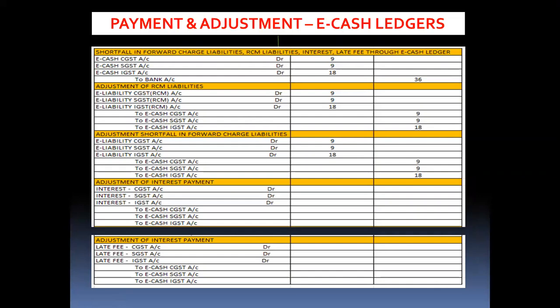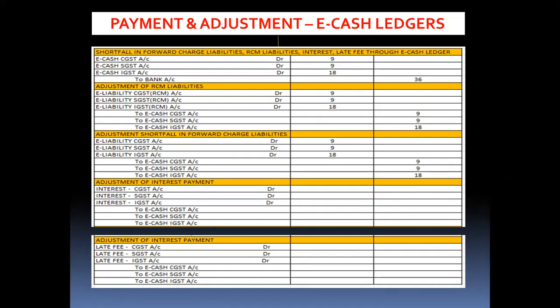Now, moving on to the accounting treatment or entries for payment and adjustment through e-cash ledger. Entry for the payment of shortfall in forward charge liability, RCM liability, interest, late fee, etc. through e-cash ledger. The entry would be e-cash CGST account debtor, e-cash SGST account debtor, e-cash IGST account debtor to bank account.